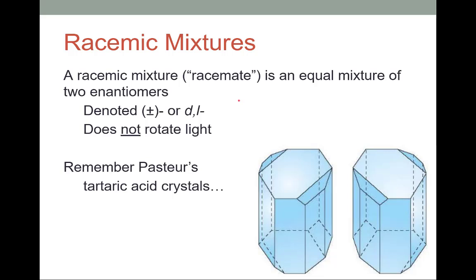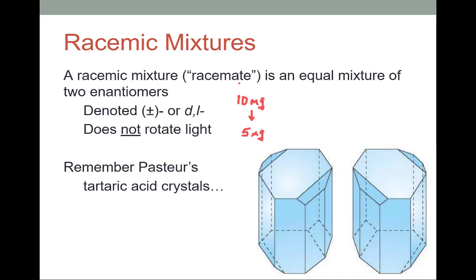So drug companies have said, okay, one of these works and one doesn't. A classic example is the allergy drug Zyrtec. It is actually a mixture of 2 stereoisomers, one that works as an anti-allergy medication and one that does nothing in the body. So you take 10 milligrams when you take a pill, with the idea that 5 milligrams of it is active, half of it, because it's a racemic mixture.